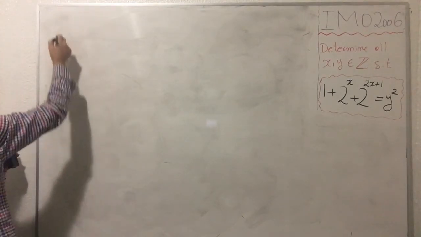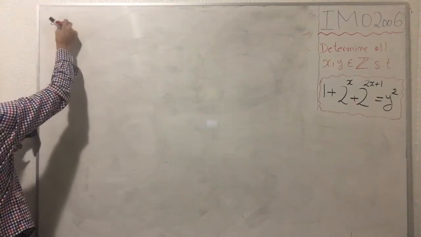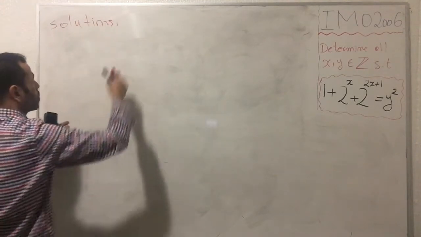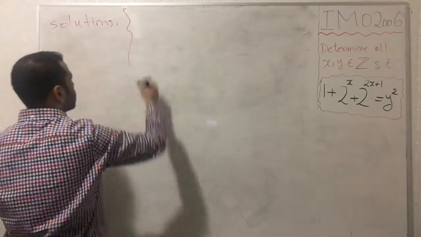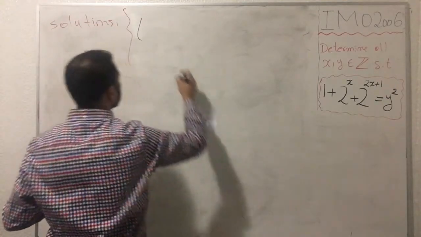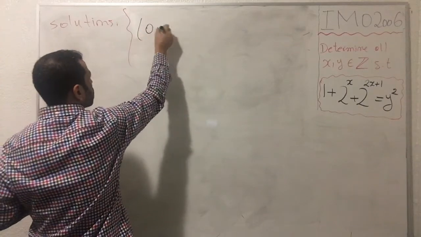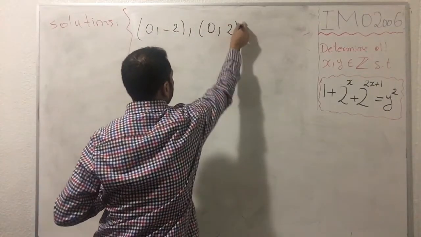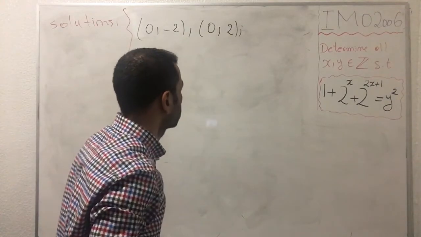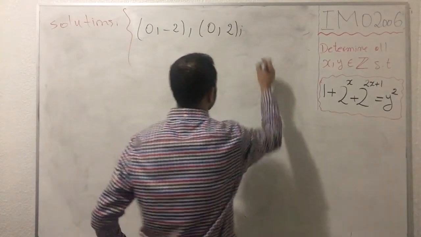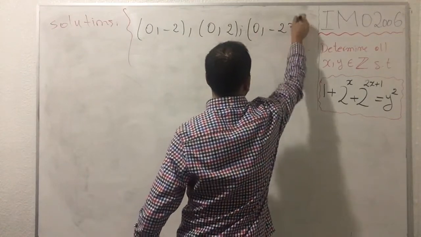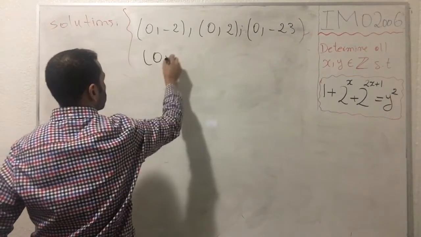Now the solutions. Now we have the first one, 0 minus 2 and 0 2. We have 0 minus 23 and 0 23.